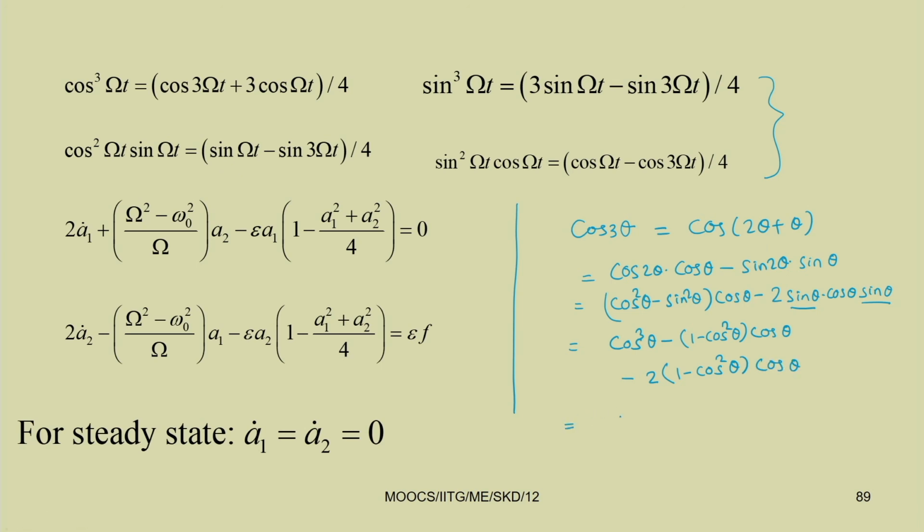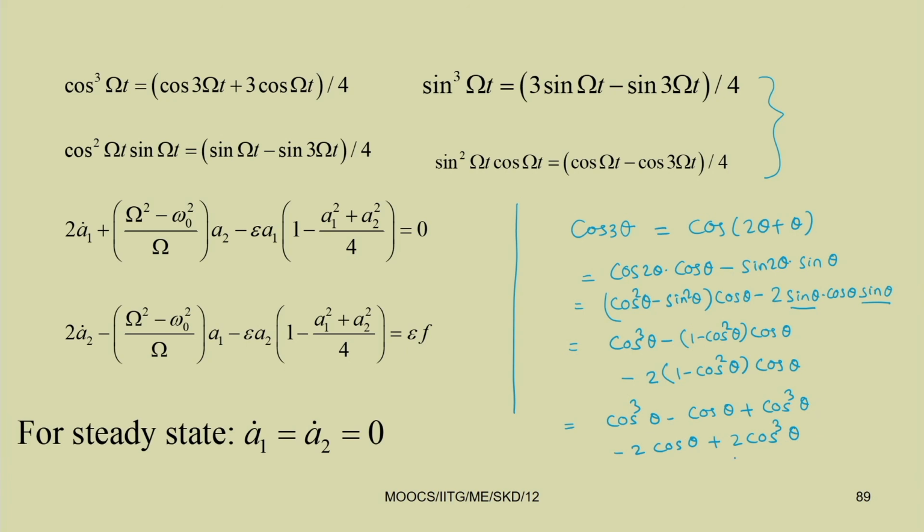So this is cos cube theta minus cos theta, again this minus minus plus, so this becomes another cos cube theta, so minus 2 cos theta minus minus this plus, so 2 cos square theta into cos theta, this becomes cos cube theta.